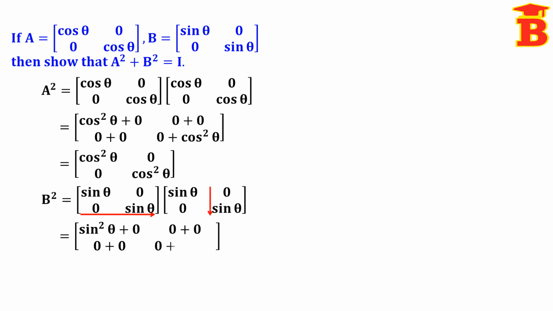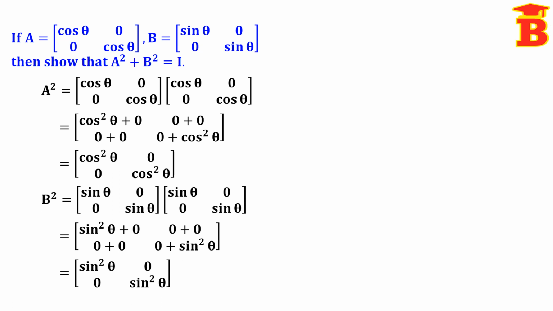Next second row second column: 0 into 0, 0, plus sin theta into sin theta, sin square theta. So this is the second row answer. Now this is equal to [sin square theta, 0; 0, sin square theta]. So this is B square.